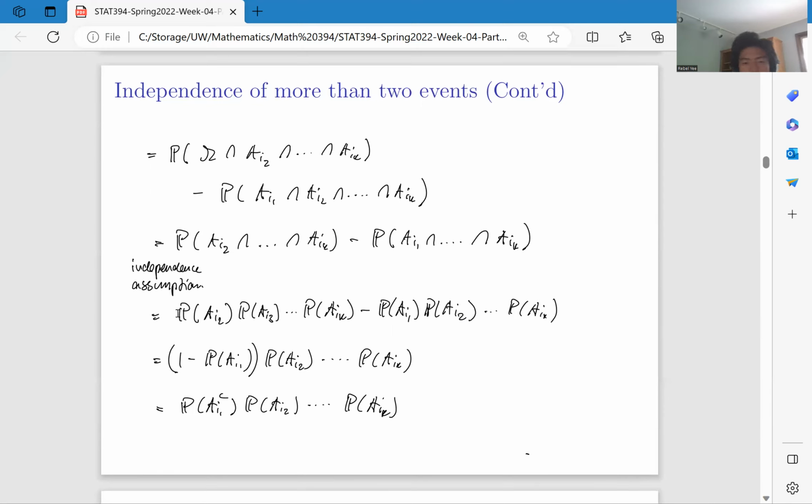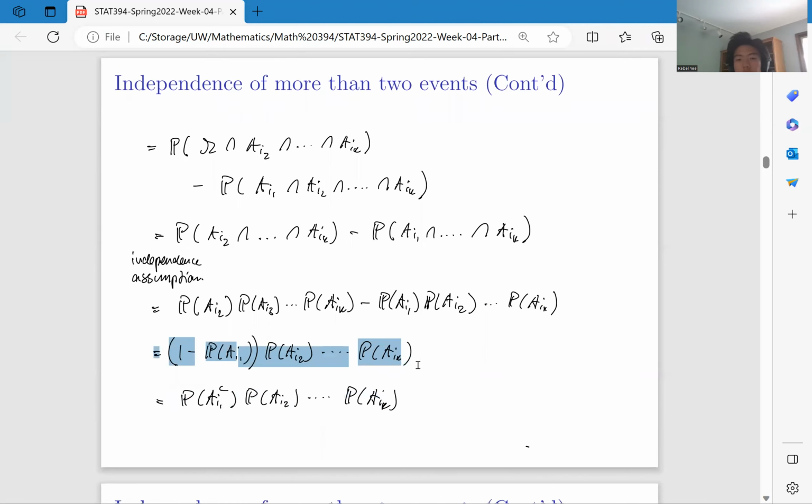So we can extract one term out, that is 1 minus the probability of A1. We extract 1 out and extract probability of A1 out, and this becomes the first term. And all of the terms like probability of A2, A3, A4 to AK can be the common factor, so we separate them out to get this term.